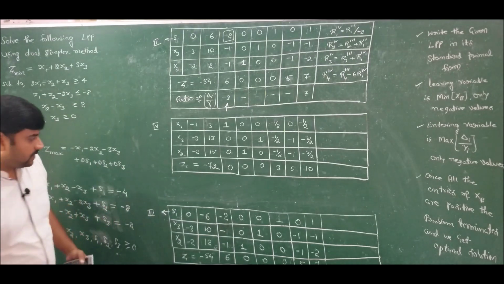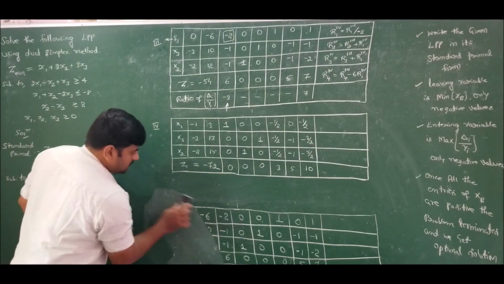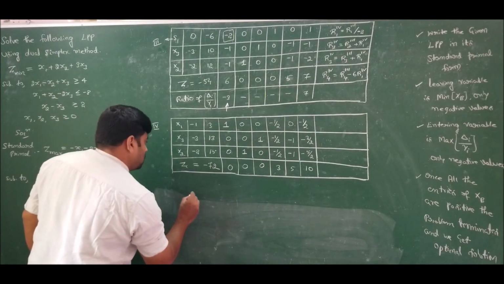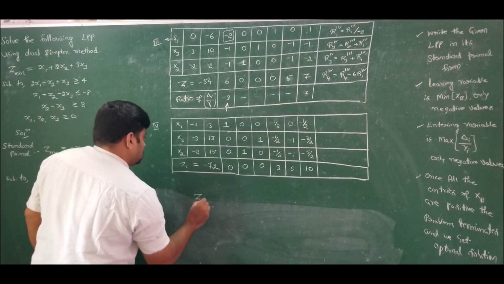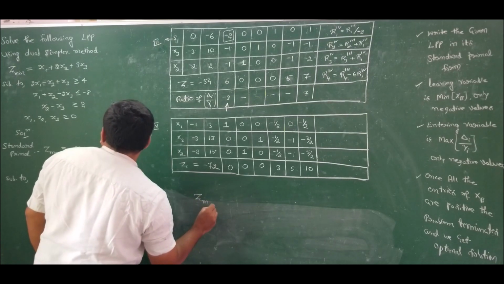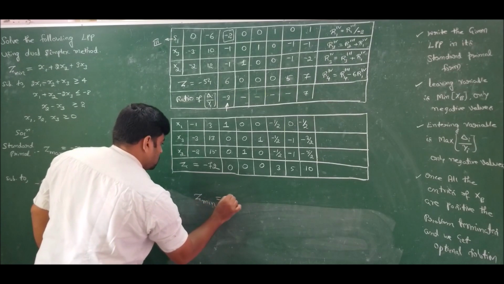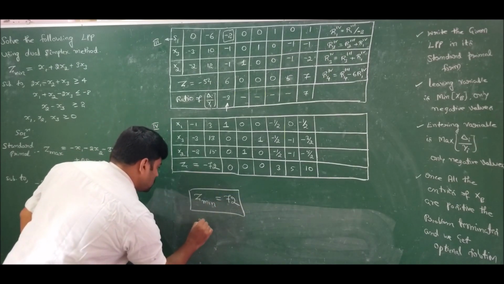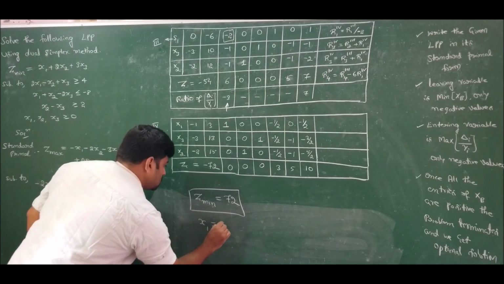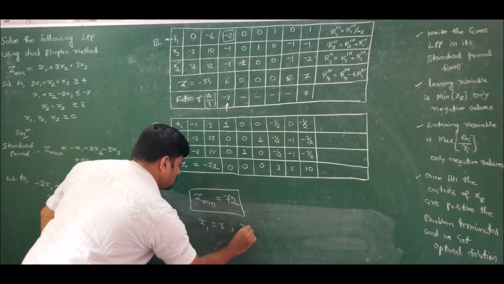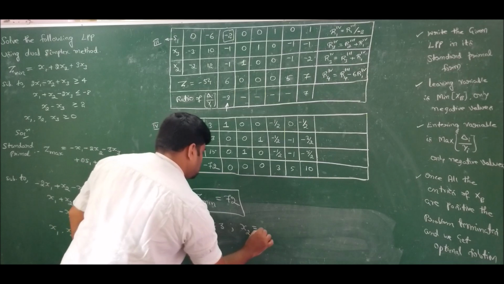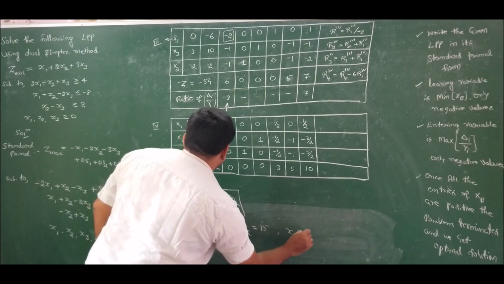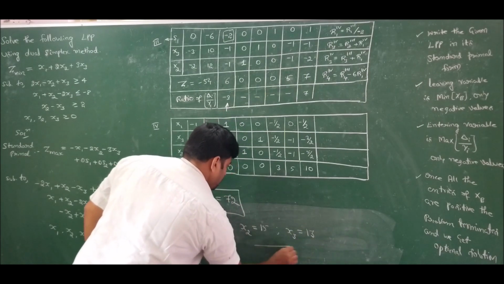We got the solution for this problem, and the solution is, so optimal solution is Z minimum is 72, where the values of x1 is 3, x2 is 15 and x3 is 13.